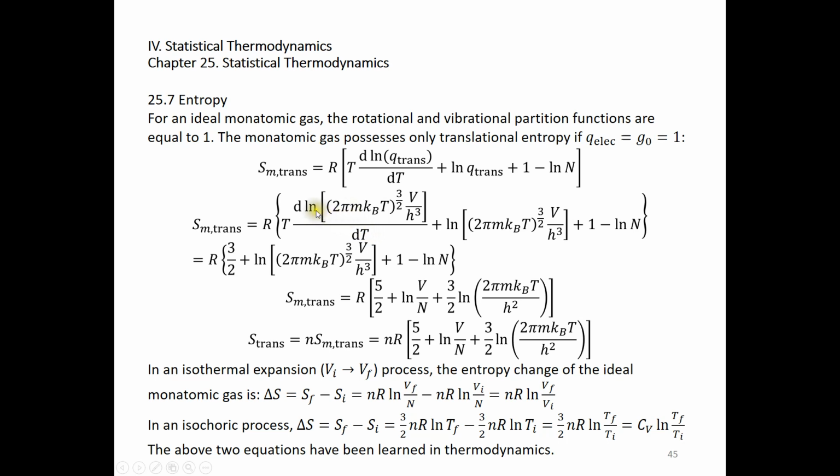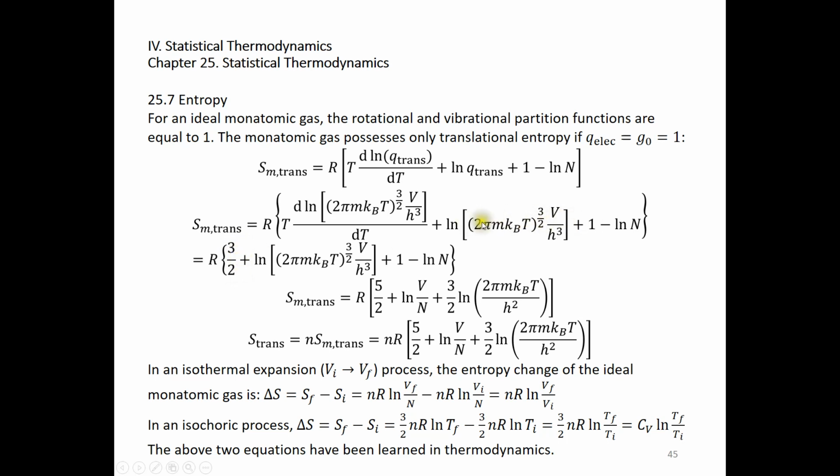The first one is the logarithm of T to the power 1.5. The second logarithm is something independent of temperature. And then we can take the derivative, which is just 1.5 divided by T, and then multiply by T here, so it's just 1.5 over here.